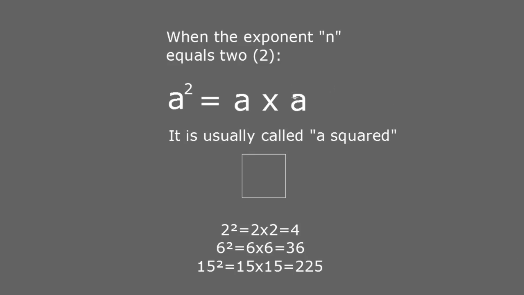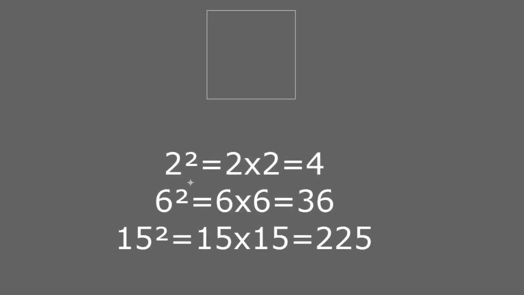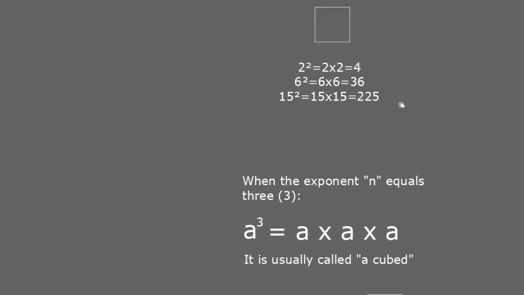For example, some very common squares are 2 squared, which is 2 times 2, which equals 4, or 6 squared, which is 6 times 6, 36, or 15 squared, which is 15 times 15, which equals 225. So remember, when the exponent equals 2, you say that number, whatever number, squared.